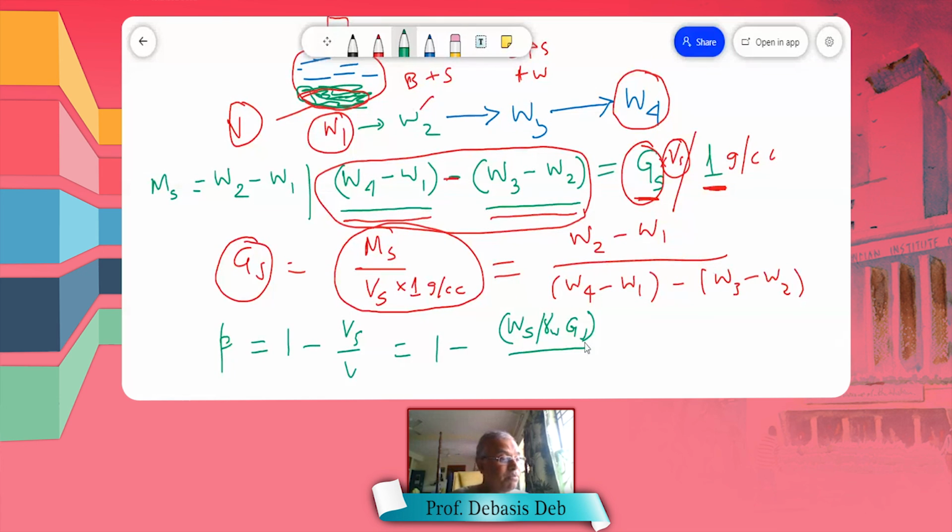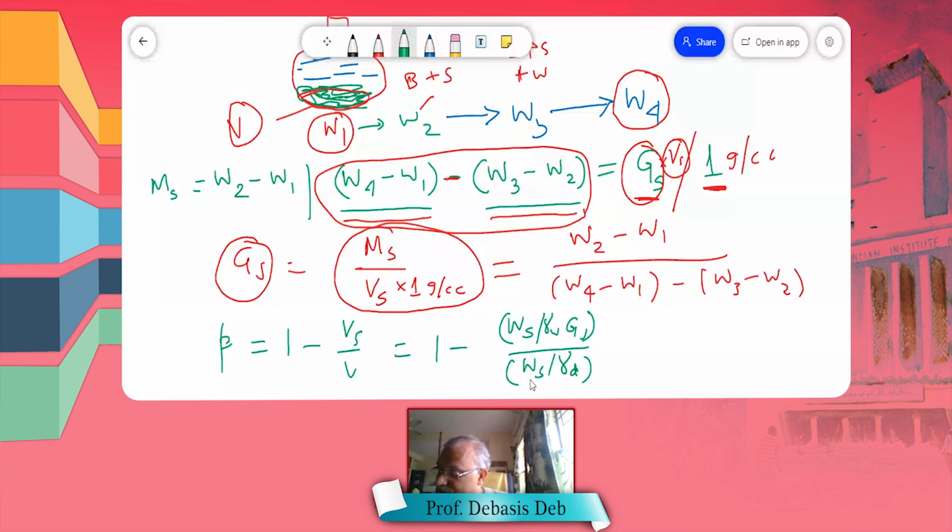And in the bottom is Ws divided by gamma D. This is gamma D. Okay.